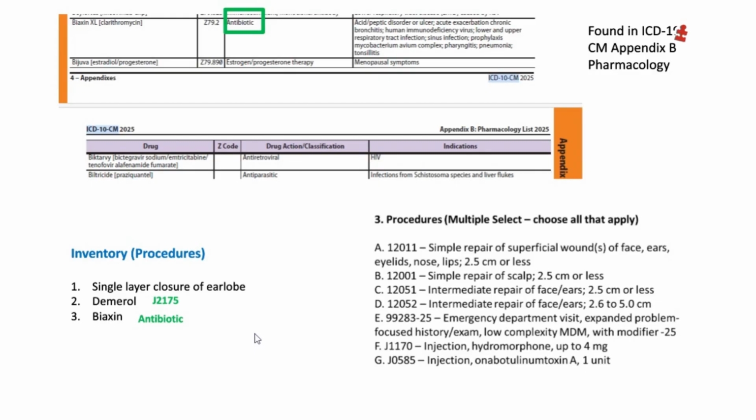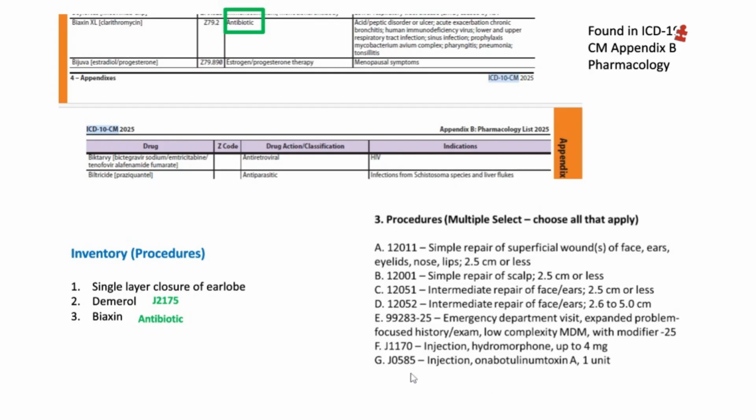And how I need to know if J1170 hydromorphone is an antibiotic or if J0585, this injection of onabotulinum toxin A, is an antibiotic? In fact, I know what this is because I see my bow and I see the tox.